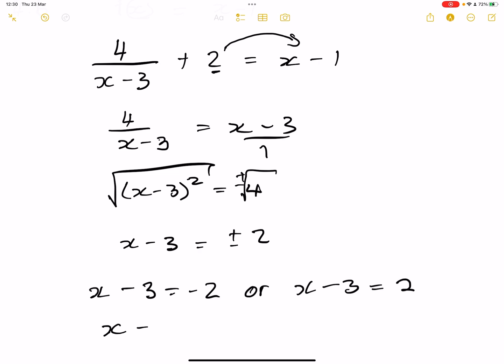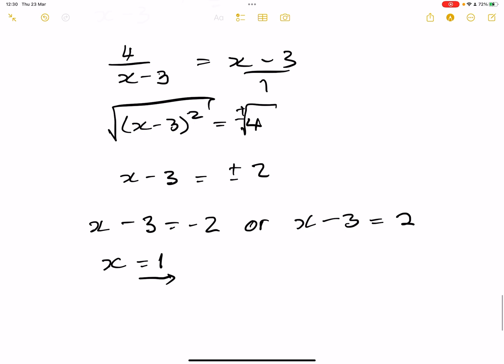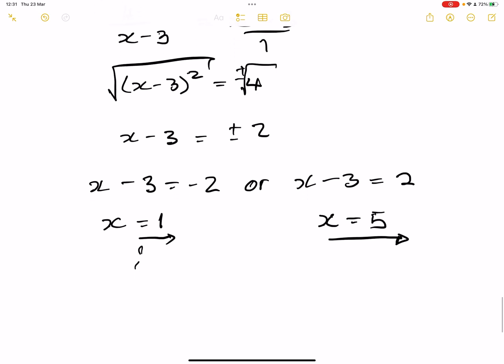Now you'll see that x is equal to 1. Do you remember they gave us this point? So we don't need to actually look further here. But we wanted the other point. They wanted the point Q. So it's x is equal to 5, right? So in this case, we're going to look for the y value of x is equal to 5.